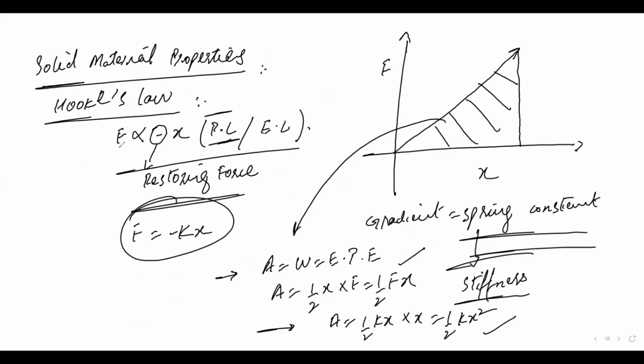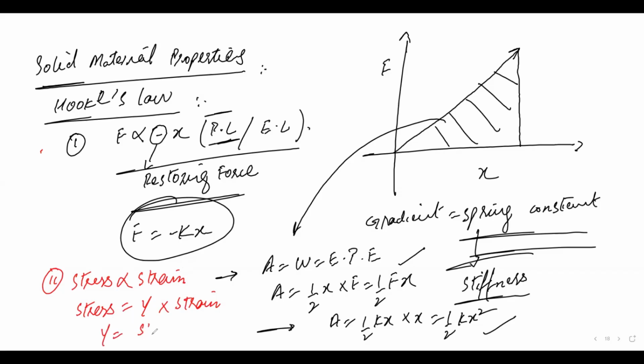Hooke's law, even though it states that force is proportional to extension, at the same time there is another way to talk about Hooke's law, and that is that stress is proportional to the strain. And that makes sense, right? And from this formula, we can have stress equals the Young modulus times the strain. And from here, the Young modulus would always be equal to stress divided by the strain. Got that?